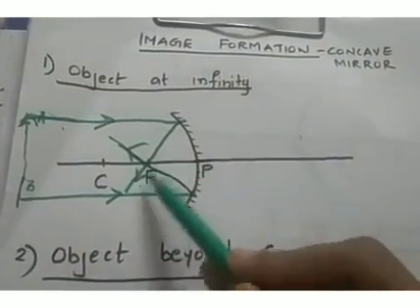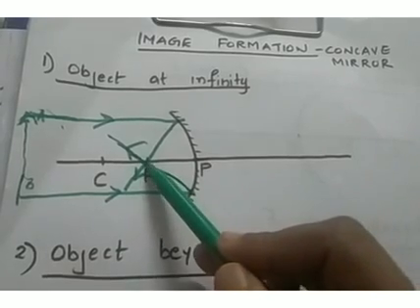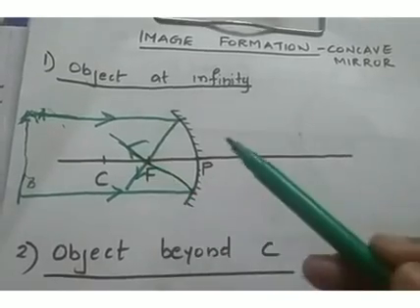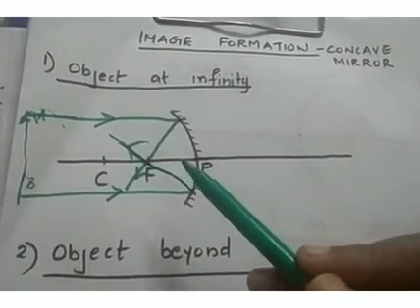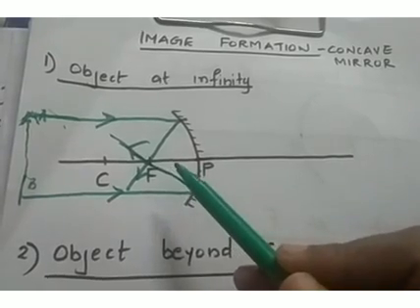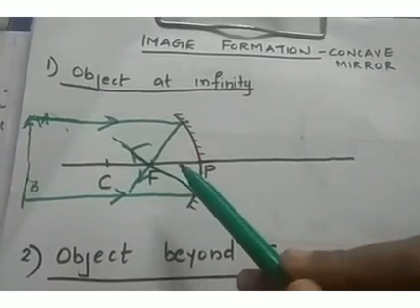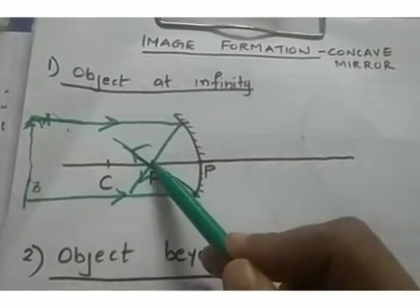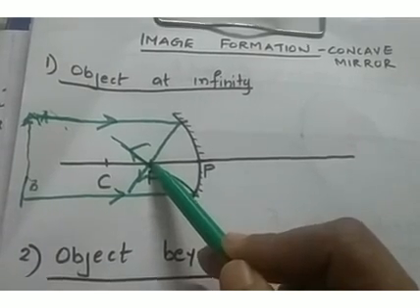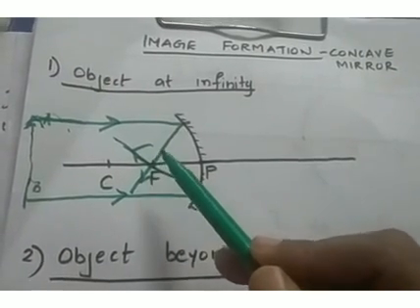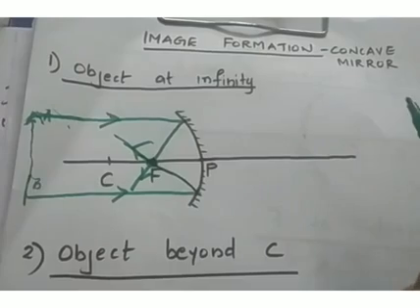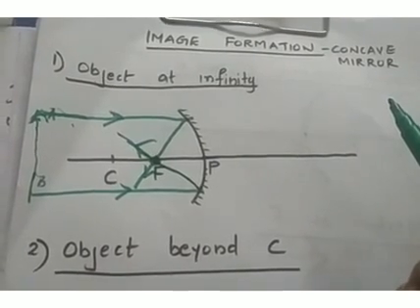And here both the reflected rays intersect or meet at the point F. I had told you, wherever the two rays after reflection meet, there we will get the image. So here the two reflected rays meet together at the point F, that means focus. So image is also formed at focus, and it will be a point sized image.